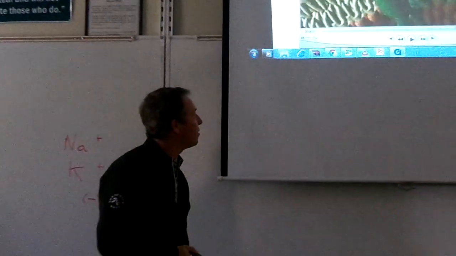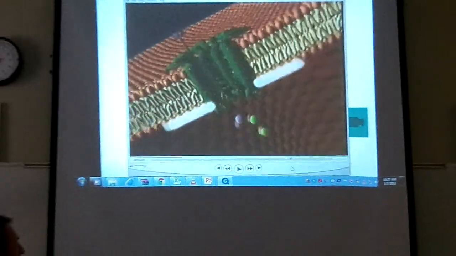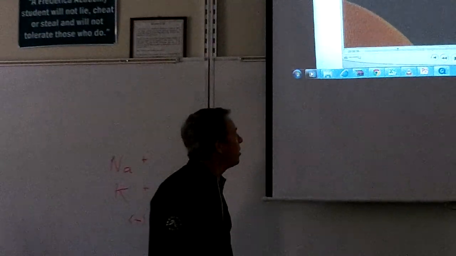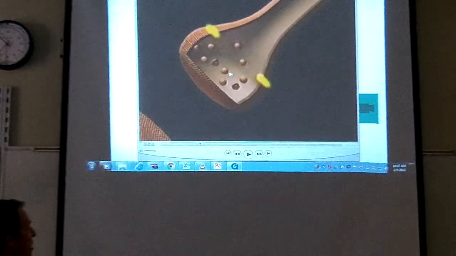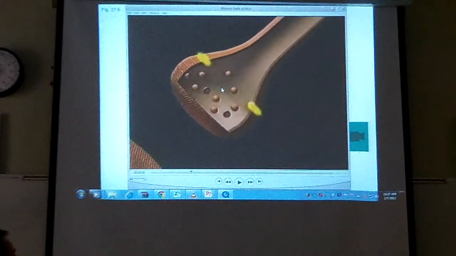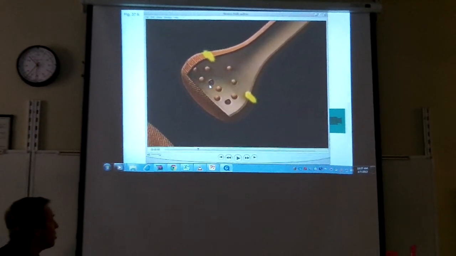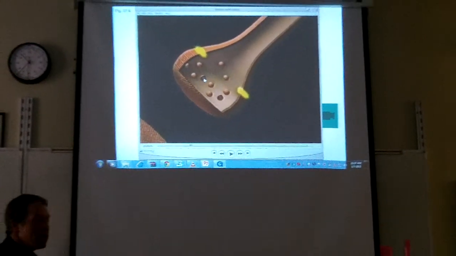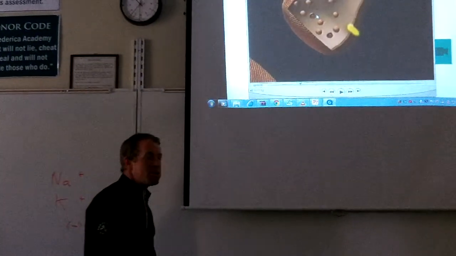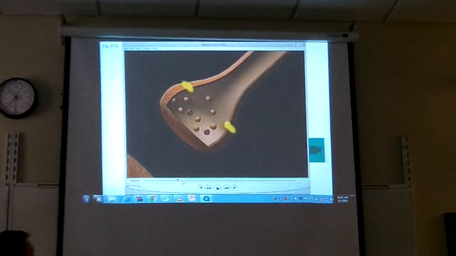Is the signal in the neurotransmitters that are excreted? Well, this signal has come along and caused, somehow, these bubbles that contain neurotransmitters to be released.